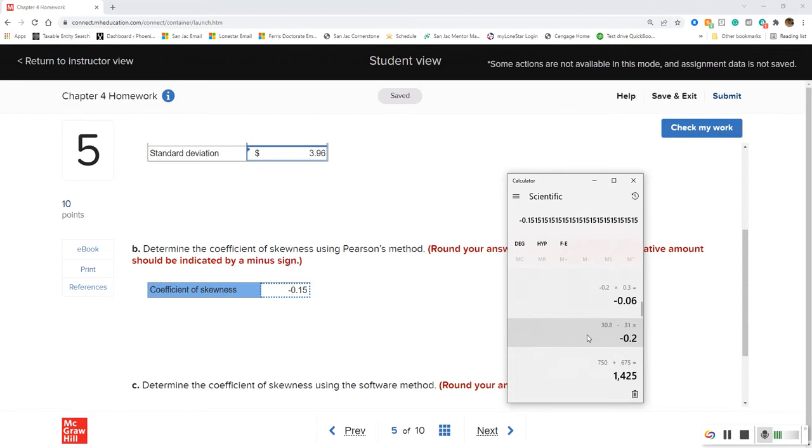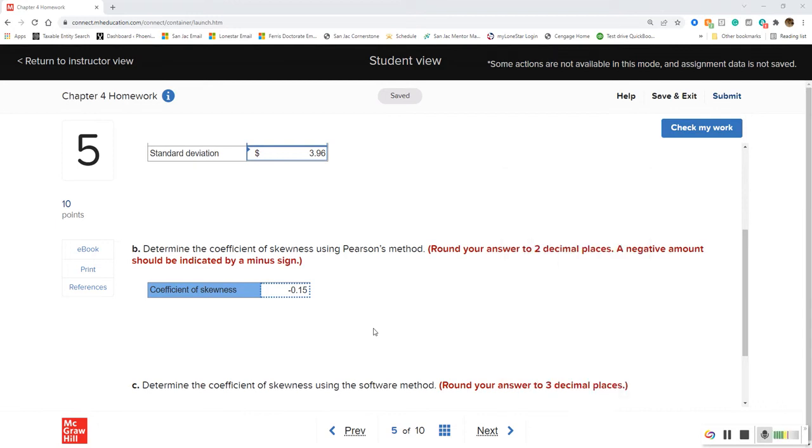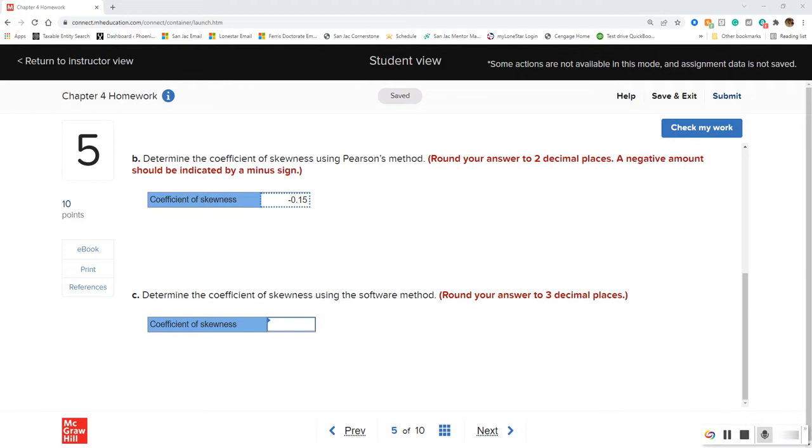Somehow I multiplied by 0.3. Yeah, sometimes you have to check your math. If it doesn't look right, there's something wrong. I don't know why I typed in 0.3. That's funny.